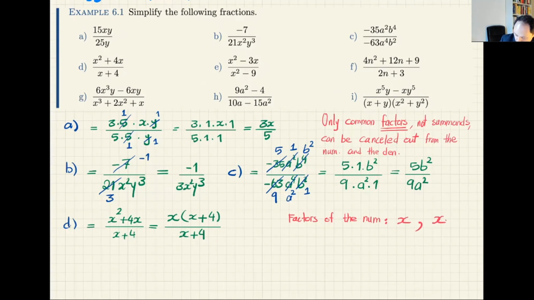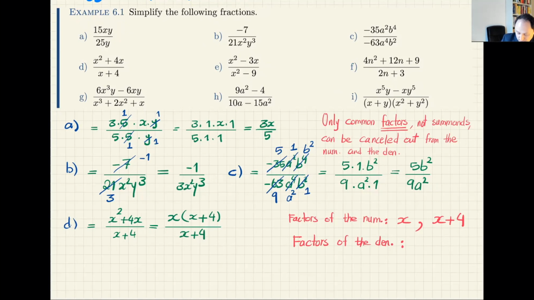Yes, let us just write x plus 4. And then what are the factors of the denominator? Maybe you can say like 1 times x plus 4, and then you can cancel x plus 4. That's correct, but it is exactly like this.